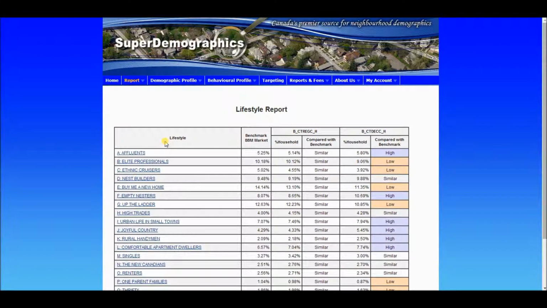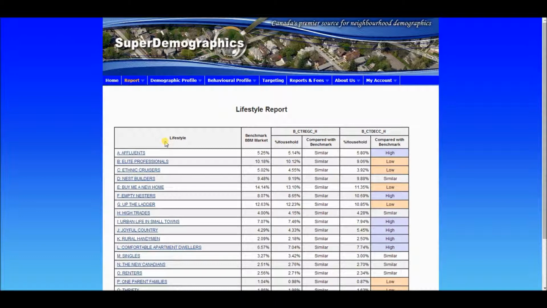The important difference between this type of report and a trade area report is that a trade area report works on a geographical scale by defining, say, a circle of land, a tract of land, while the behavioral report just goes straight to the report and is only helpful if you look at it through the lens of the lifestyle clusters.